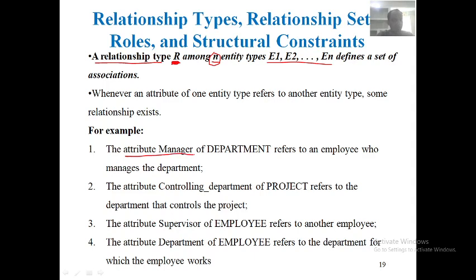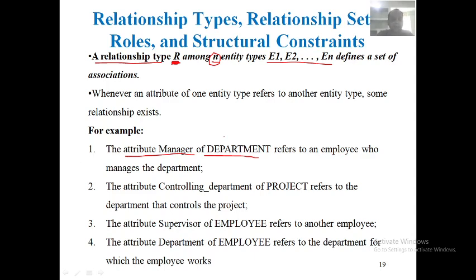The attribute manager of a department, where you have one attribute called manager SSN, refers to the employee table. Who manages the department?